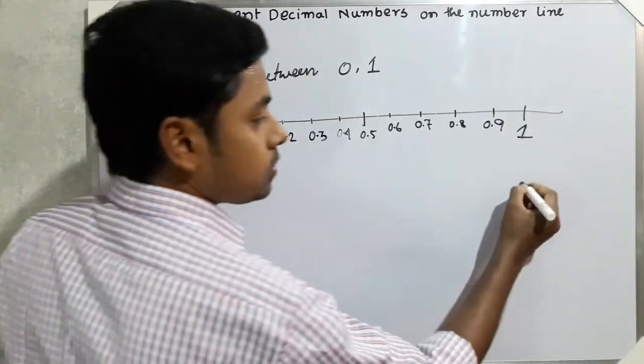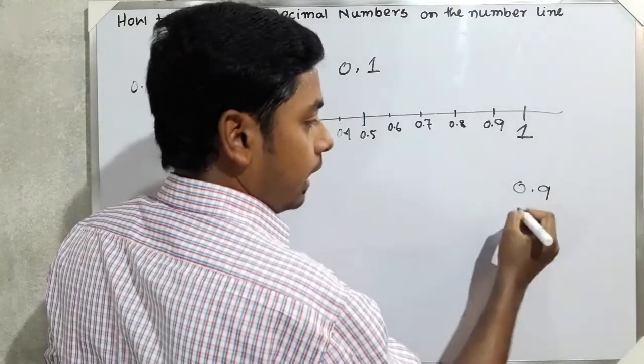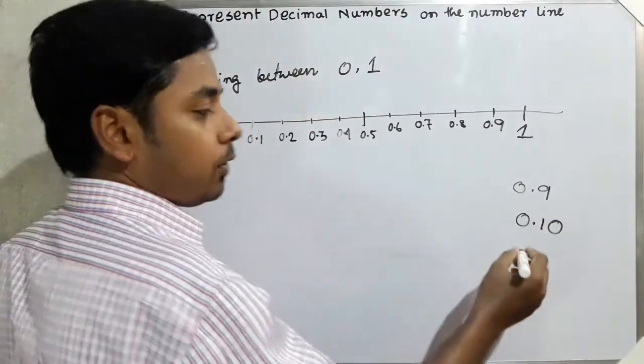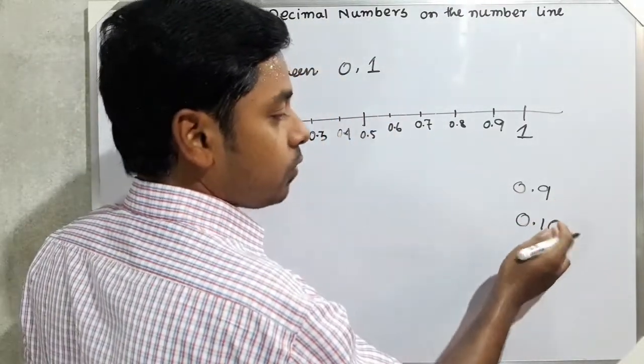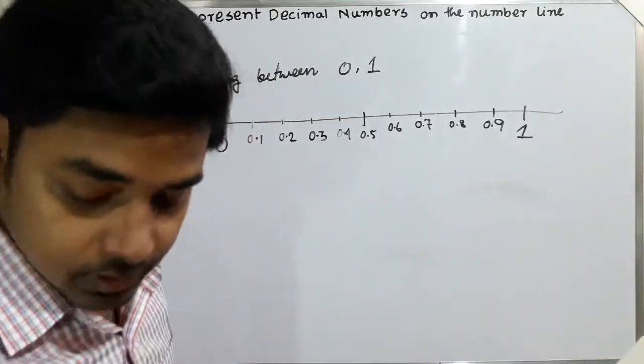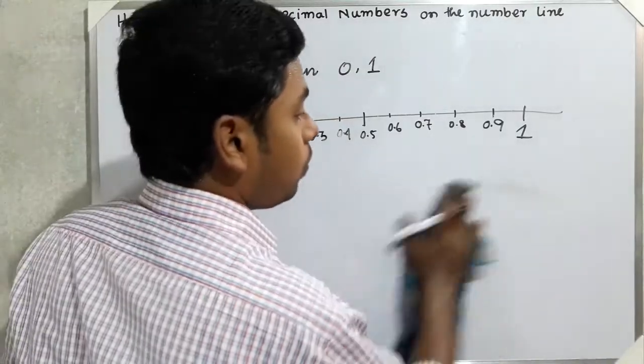How? Suppose 0.9, then after that 0.10, and 0.10 means it will be 1. Okay, 0.10 means it will be 1.